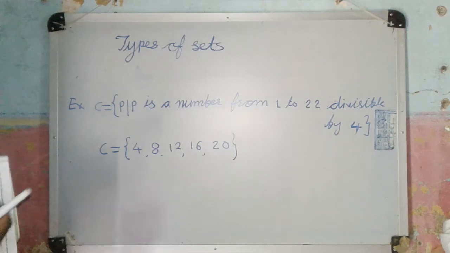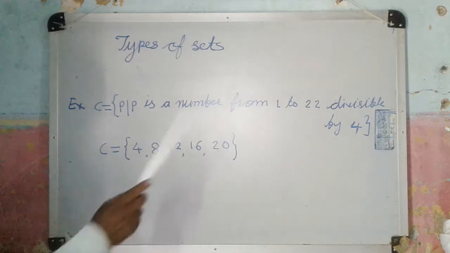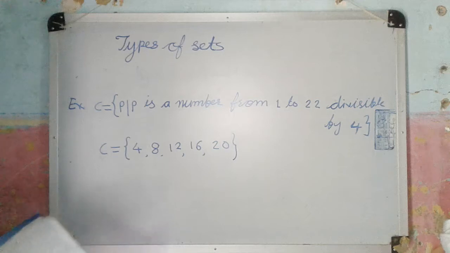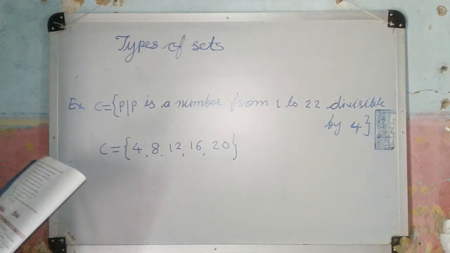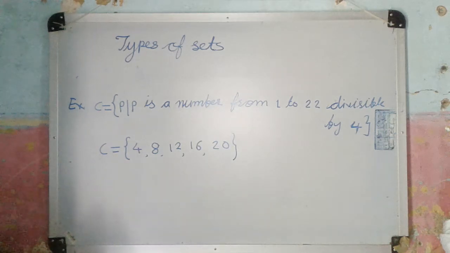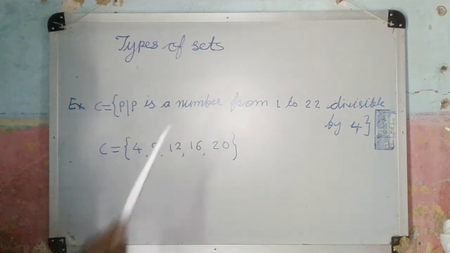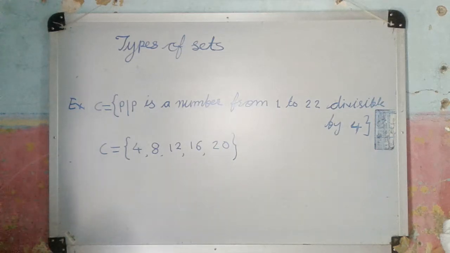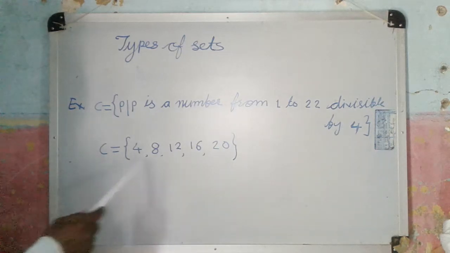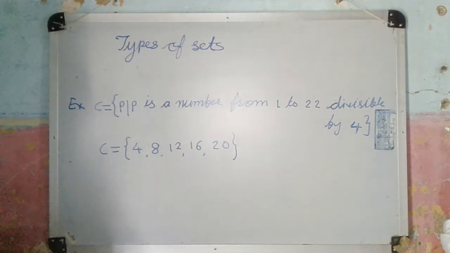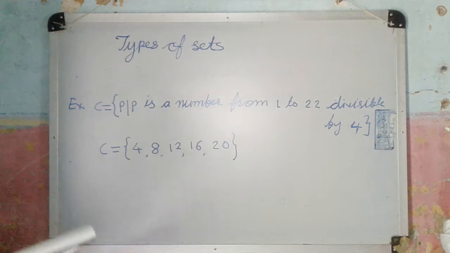Now in this set, elements are countable and these elements are limited. You can tell the last element and the first element also. That means here elements are limited, these are countable, and such a type of set is known as a finite set.